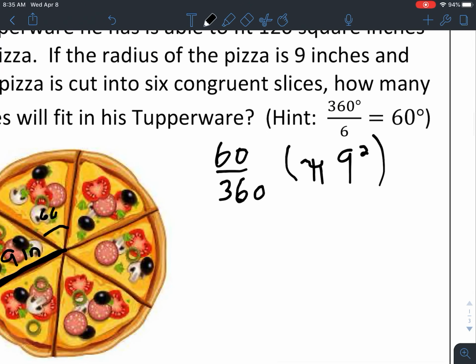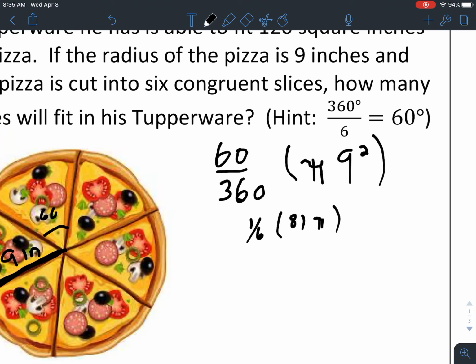Okay. So 60 over 360, again, is just 1/6. 9 squared is 81, because 9 times 9 gives you 81.